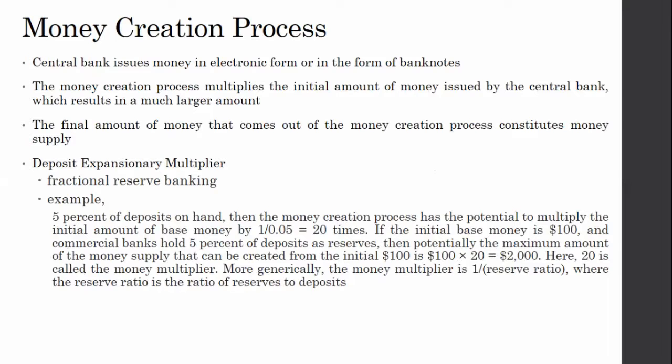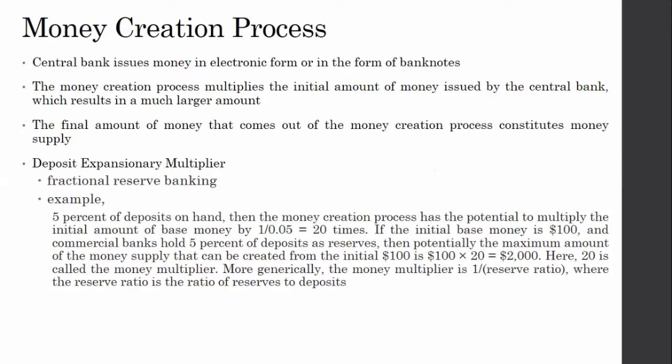So the amount of money created will be limited. Why? Because the banks need to keep some cash with them, maybe cash on hand or in their wallets or in central bank deposit accounts. So these commercial banks need to keep some amount. In our example, for simplicity, we consider that all the deposits received by the commercial bank will be lent out.